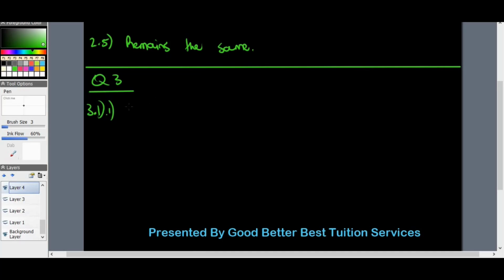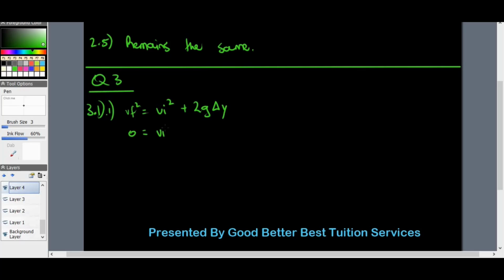We're going to use the formula Vf squared is equal to Vi squared plus 2a delta x. We're going to replace a with g for vertical projectile motion. Delta x, but because it's vertical, is delta y. Then we're going to substitute. We know when the object reaches maximum height, it is 0 for a brief moment. It stops moving.